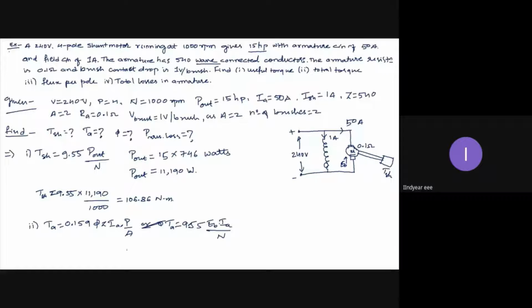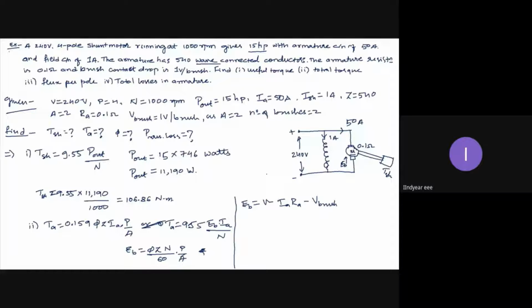So therefore EB is equals to phi Z N by 60 into P by A. And EB is equals to, from the voltage equation, V minus IRA minus V brush. The brush contact drop is given. Okay.